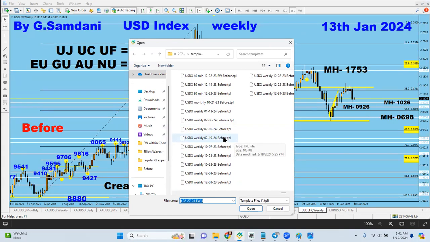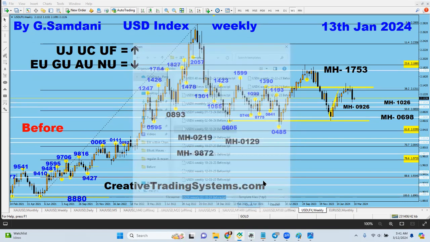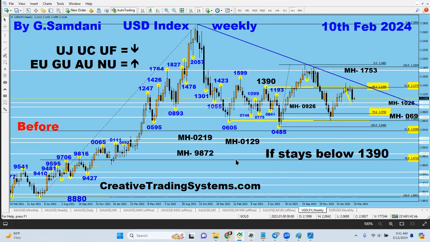Here I have the latest, February 19. This is a weekly chart, US dollar index. Oh no, February 10. Let me see this one.